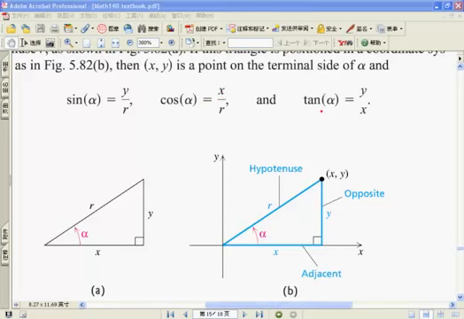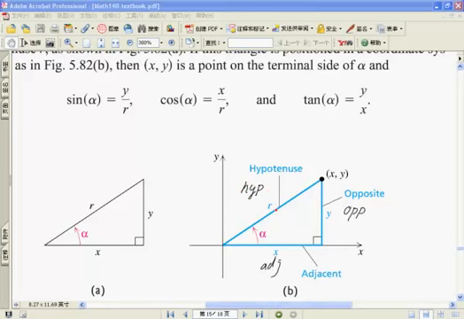And the tangent alpha is equal to y over x, right? So let me use OPP for the opposite, ADJ for the adjacent, and HYP for the hypotenuse.